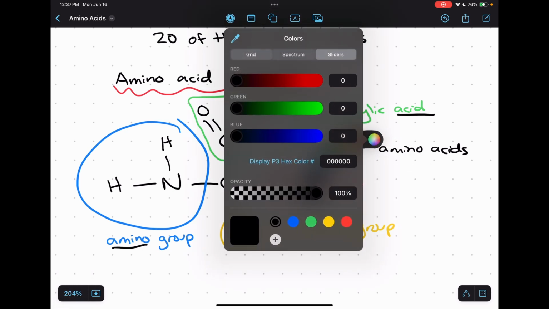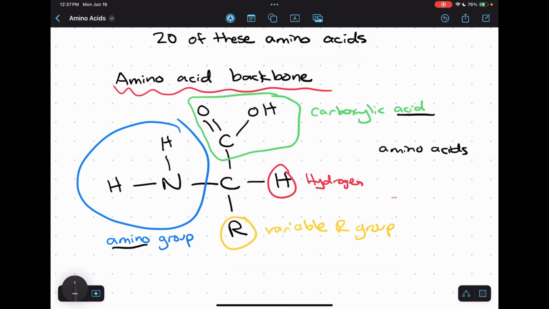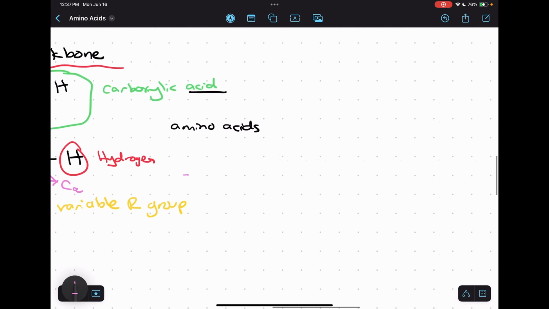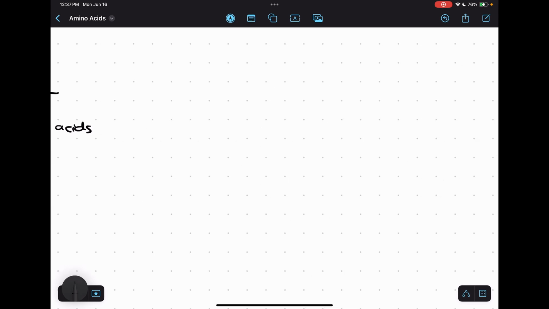And then we also have our carbon. Let me go ahead and grab another color here real quick. This is actually called an alpha carbon, and I can move over here to talk about why we call it an alpha carbon.